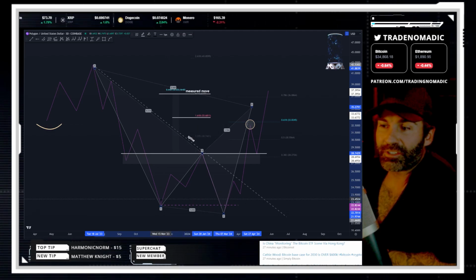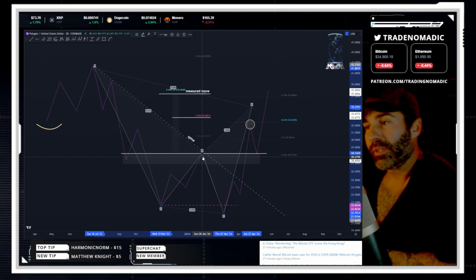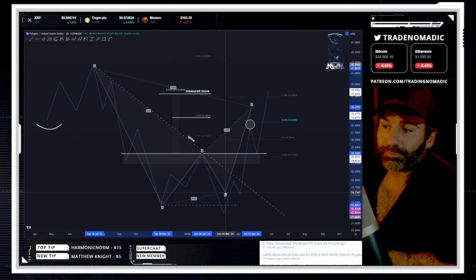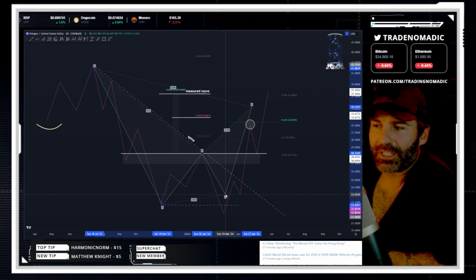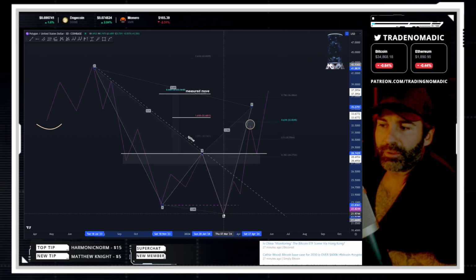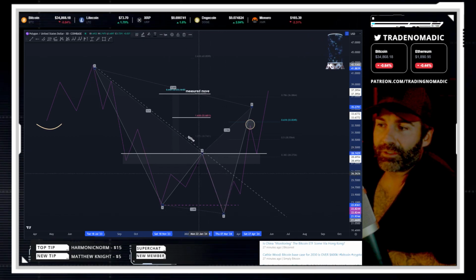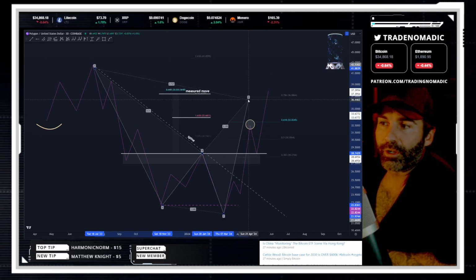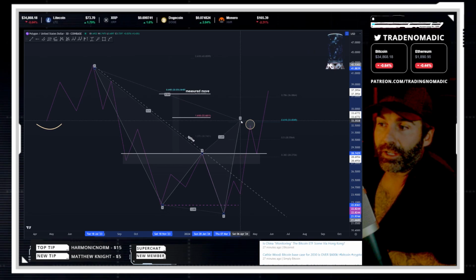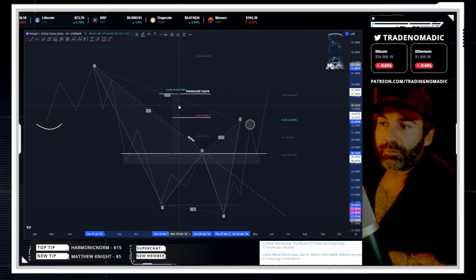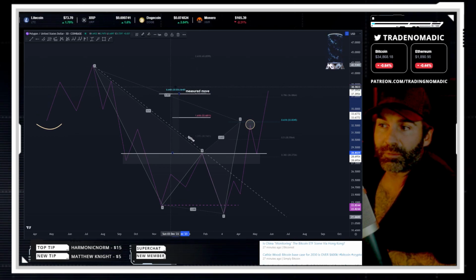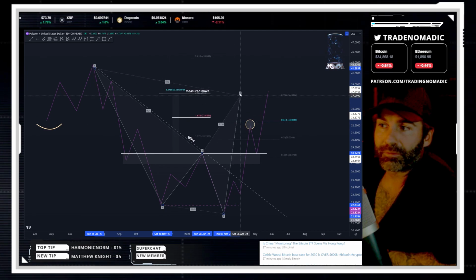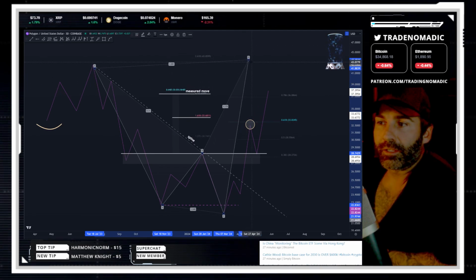Like if you're trying to decide, hey, do I take my measured move here? Do I take it here? If you want to do it with the cipher tool, or if it was a high or low, you would use the XABCD tool. But with the cipher tool, all you have to do is connect your dots, and here's your target, which is the 2.0. Or if you wanted to target the 1618, instead of doing a fib, instead of doing the measured move, you could just use this and say, hey, there's my 618, there's my 2.0, and keep on going.